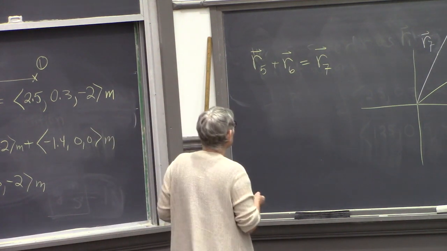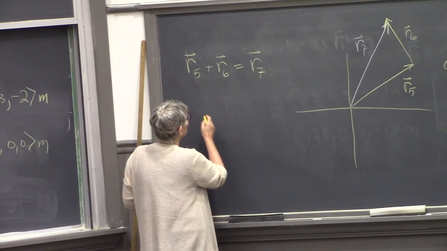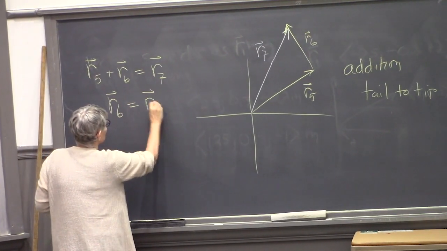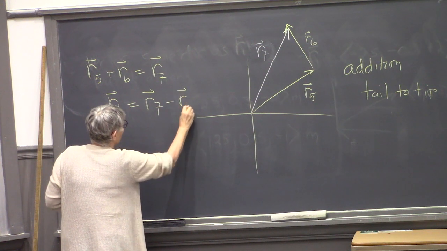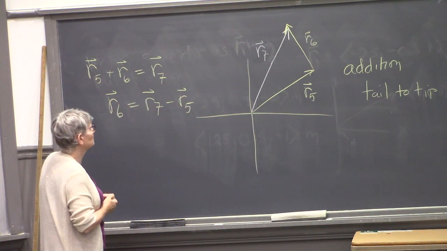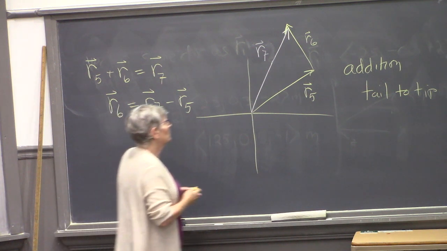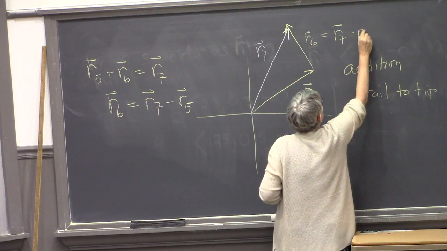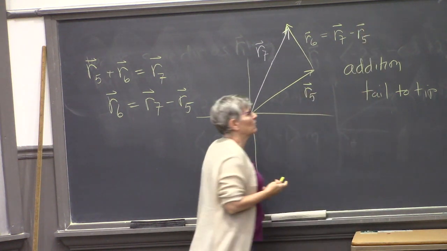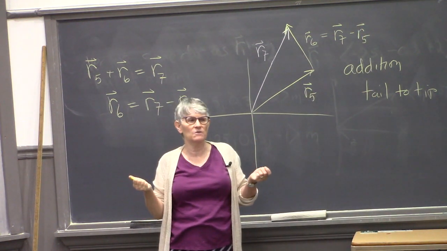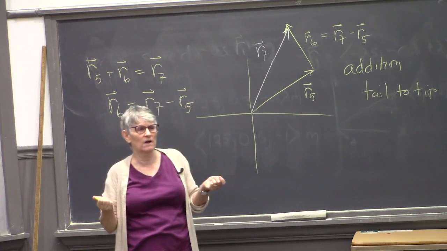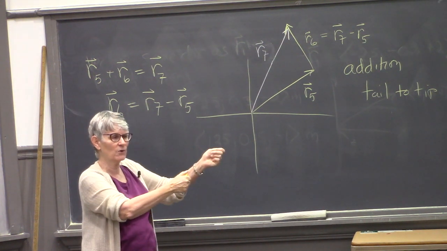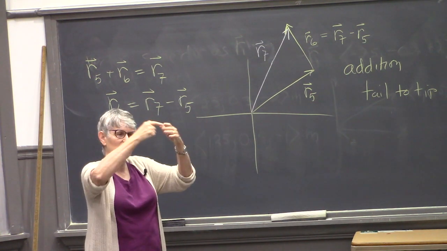But we can rearrange this to say R6 is R7 minus R5. So it looks like this is R7 minus R5. This is important because vector subtraction turns out to be one of the things we do all the time. Because if things are moving, they're at one location, they're at another location, well, we want to find out the displacement between them.